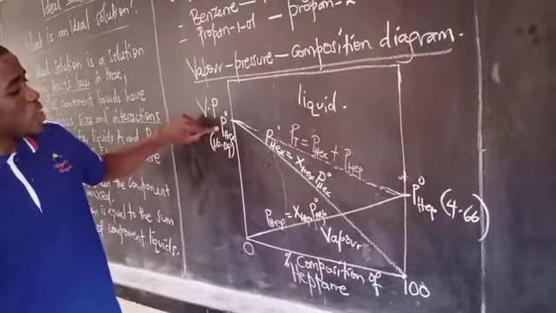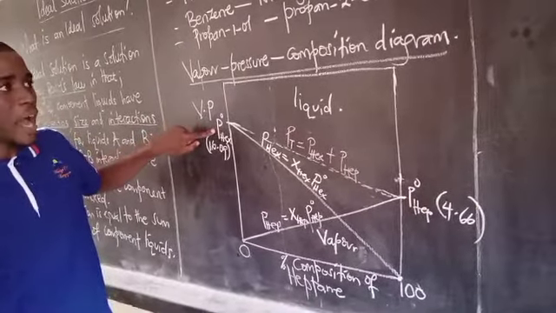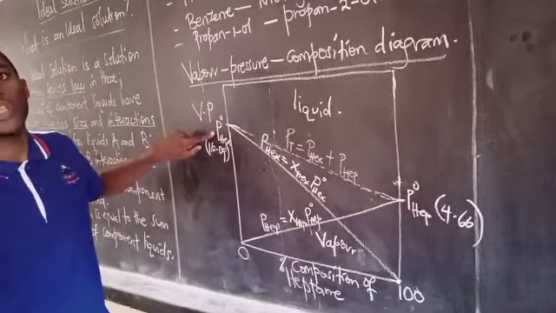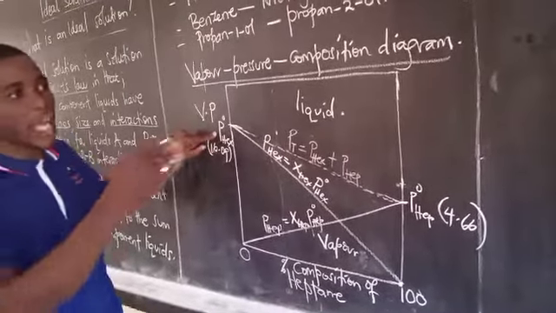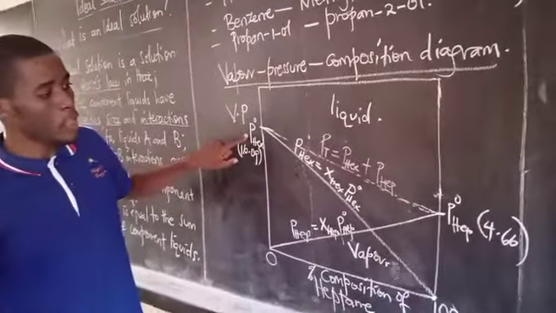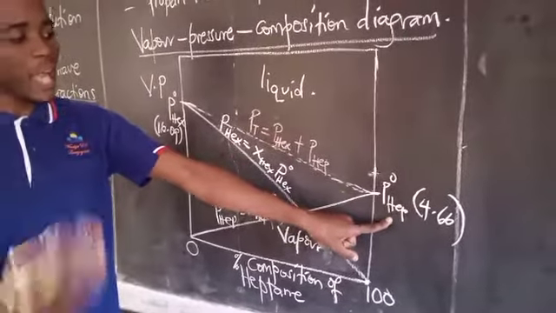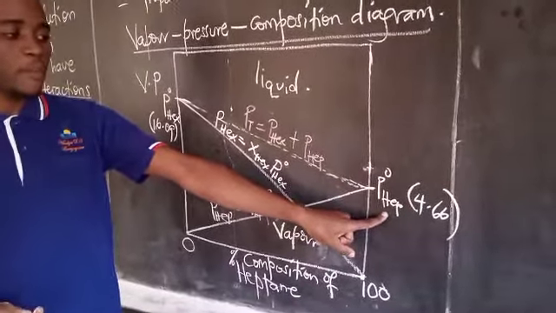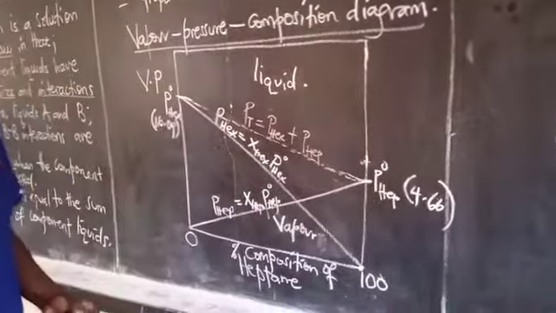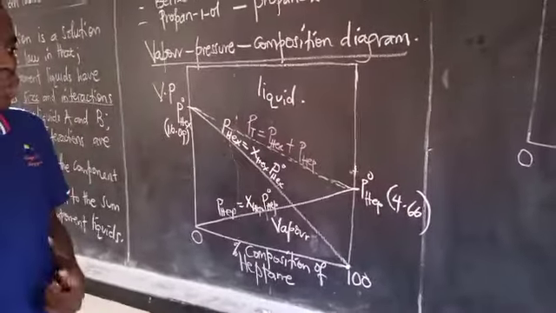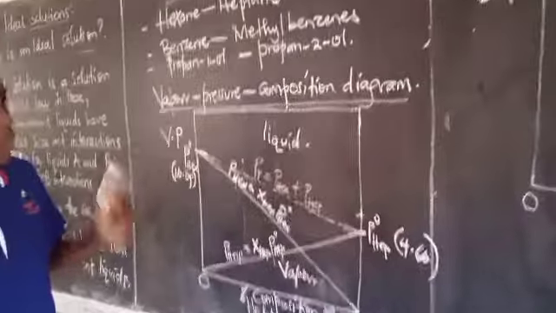Something which can easily vaporize has a lower boiling point. Something which can easily turn into vapor has a lower boiling point. Something which takes time, which needs higher vapor pressure to turn into vapor phase, is less volatile and so has a higher boiling point.